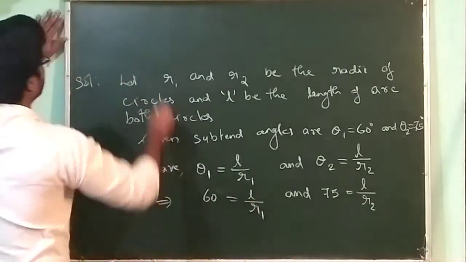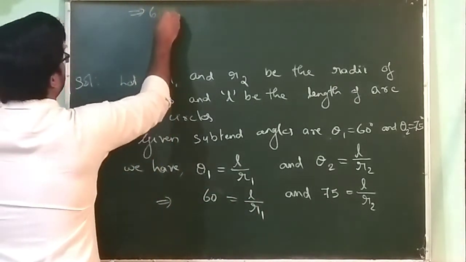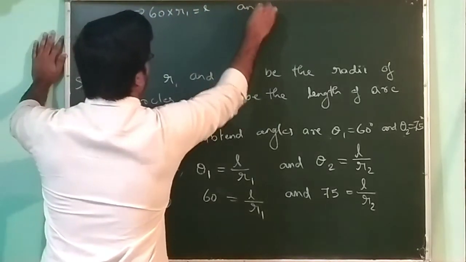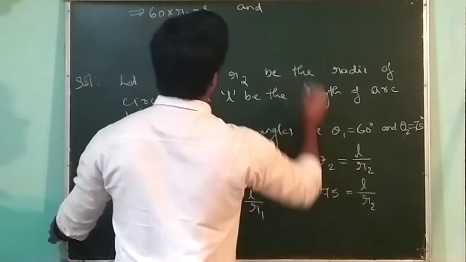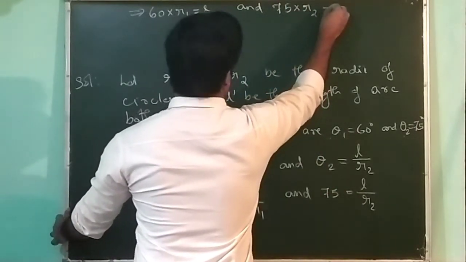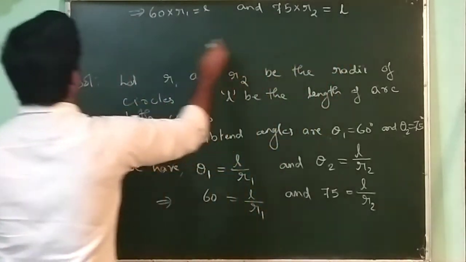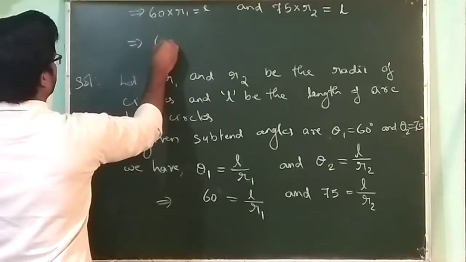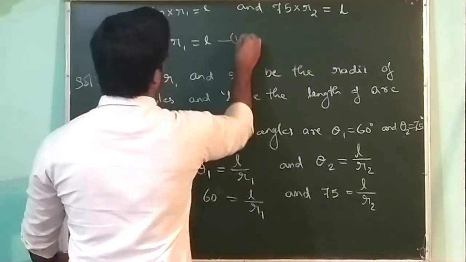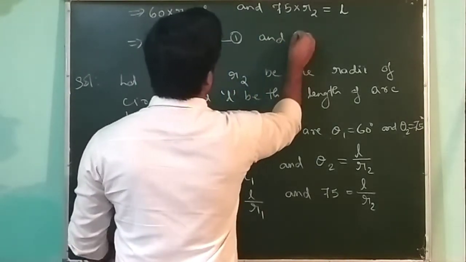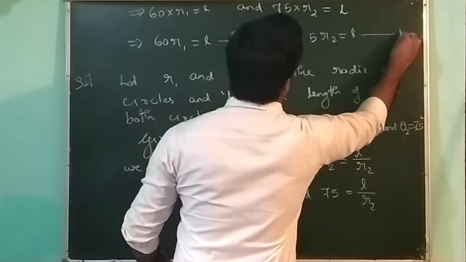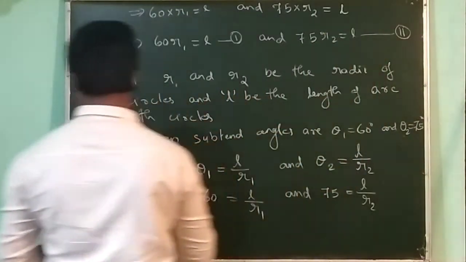Bring R1 to the left side: 60 into R1 equal to L. And the second part, bring R2 to the left side: 75 into R2 equal to L. 60 R1 equal to L is equation number 1, and 75 R2 equal to L is equation number 2.